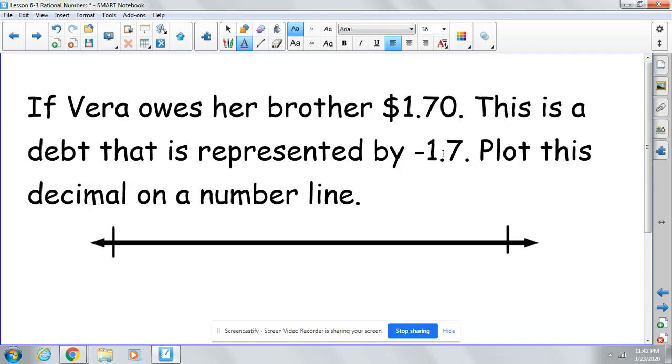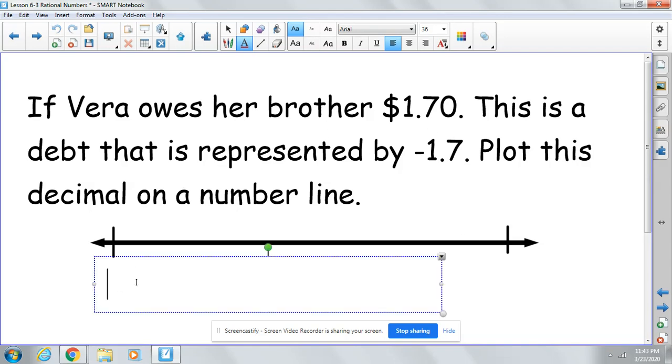So if you think about where negative 1 and negative 2 are on a number line, one is going to go on the left, one is going to go on the right. Between negative 1 and negative 2, we know that negative 2 is less than negative 1. So negative 2 has to go on the left.